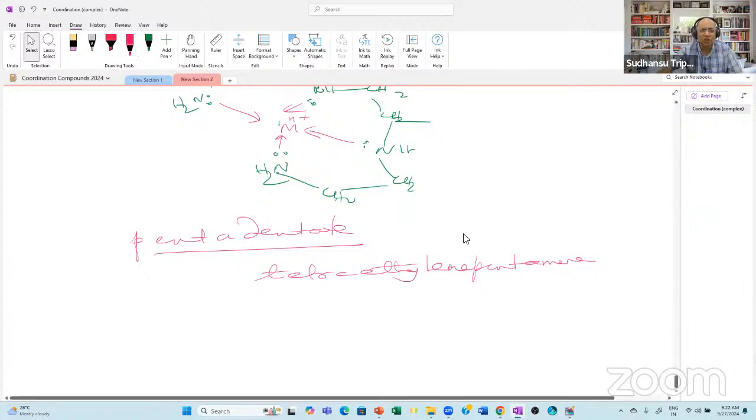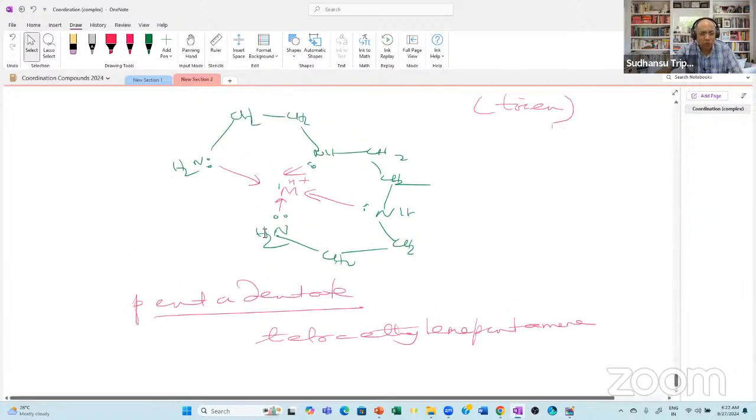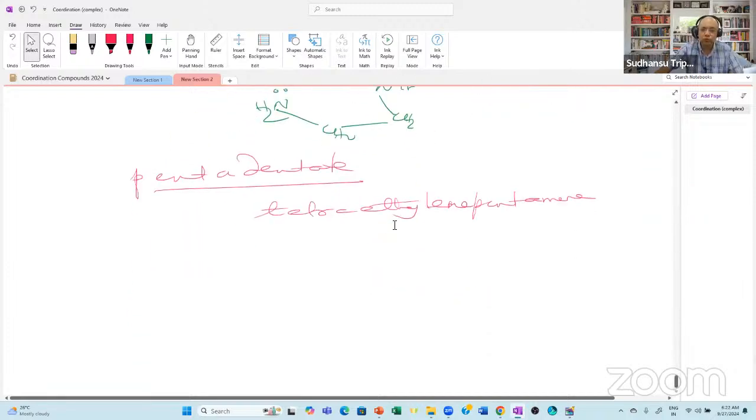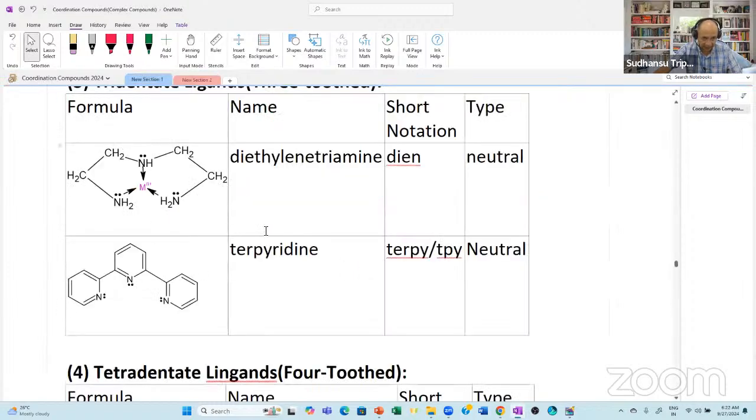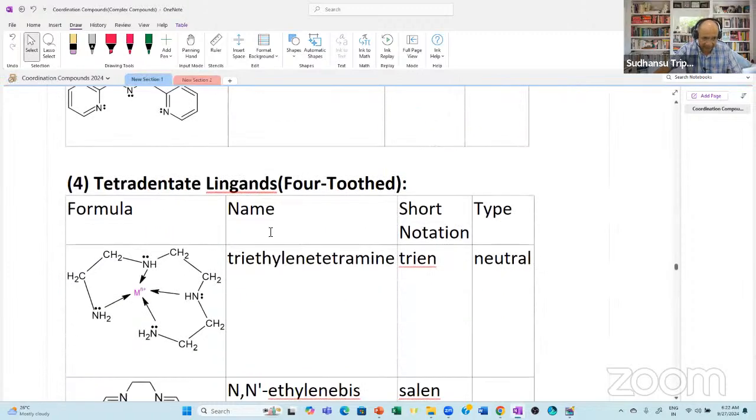I am not drawing the structure. There will be two primary amino groups at the two terminals, and there will be three secondary amino groups: CH2, CH2, NH, CH2, CH2, NH, CH2, CH2, NH, then CH2, CH2, NH. So just writing this, and here you will find a tetradentate ligand.